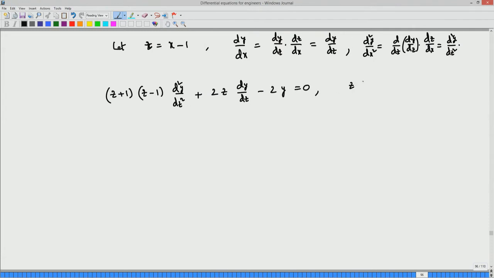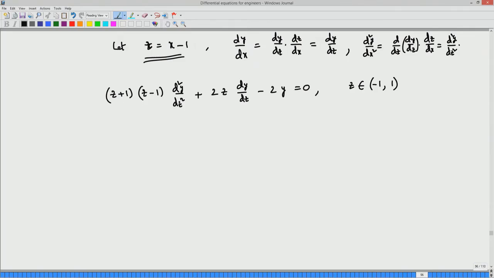Now if x is between 0 and 2, z is between minus 1 and 1. This is your domain. So you converted the equation with a simple translation of the independent variable.